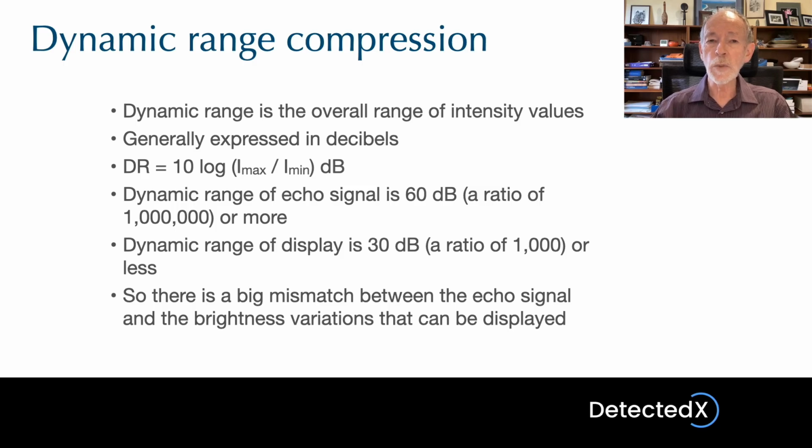So there is an enormous mismatch between the dynamic range of the echo signals we're trying to display and the dynamic range that can be displayed on the screen. The machine therefore has what's called a dynamic range compression function, which basically reduces the dynamic range of the echo signals to match up with what can be displayed. This is normally expressed in a compression curve, which I'll show you in the next slide.